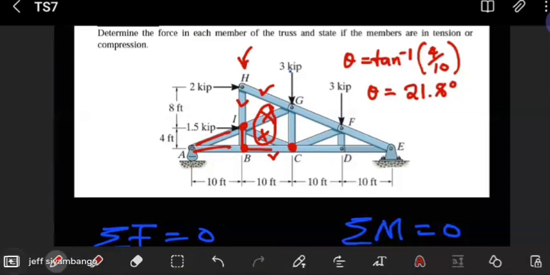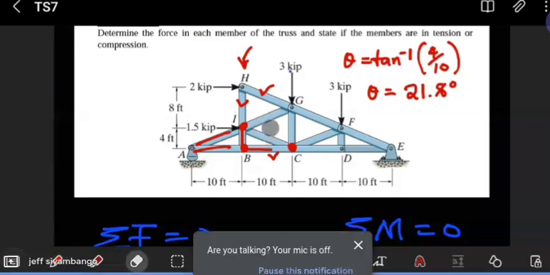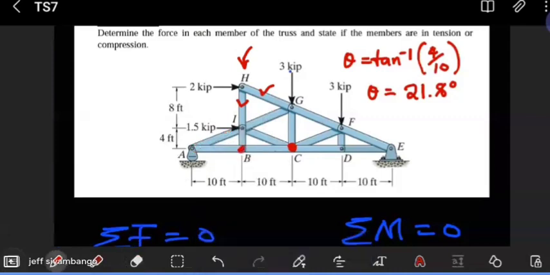Okay. So let's move towards point B. But can you make any observation about the members acting at B here? Can you make any quick observation before we even start? What's the color change like? Zero force members.